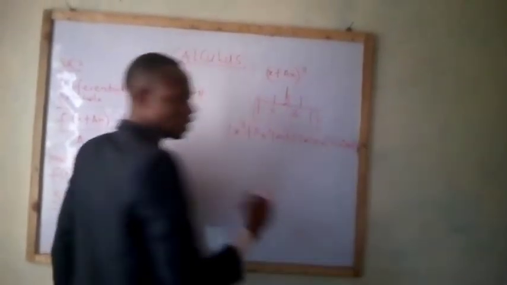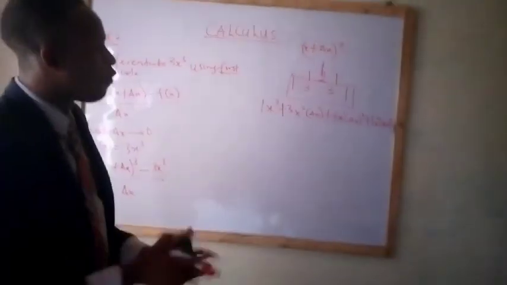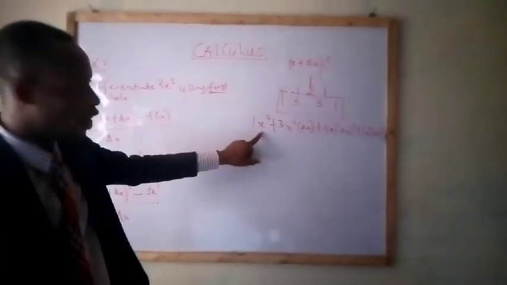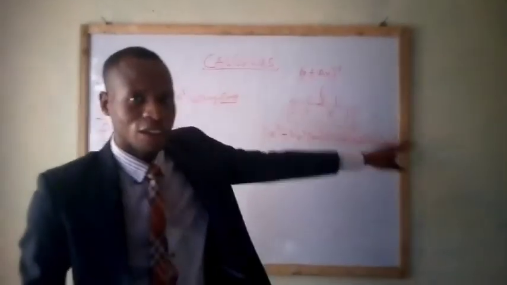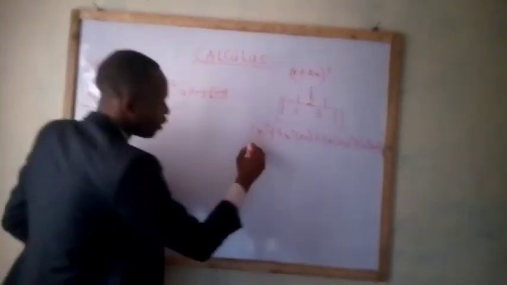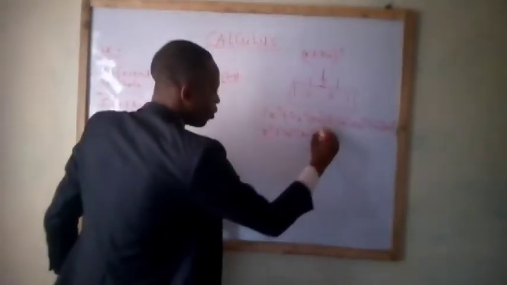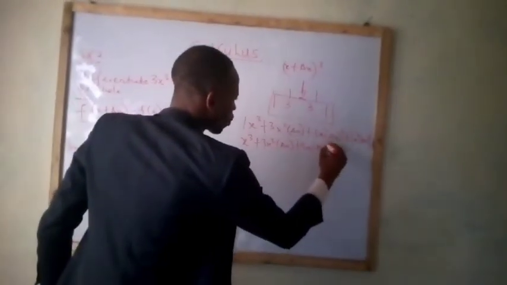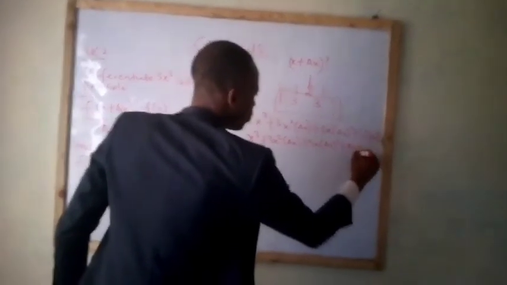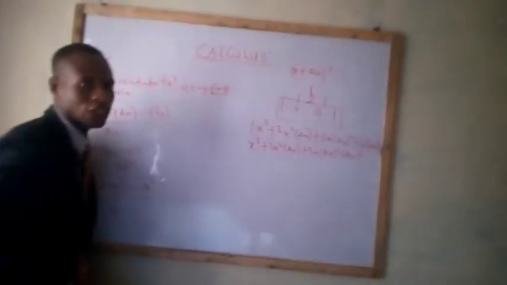So when you are expanding, you must take note of something. The power of the first value here must be equal to the power of the last value here. So if I finalize this now, I'm going to have x cubed plus 3x squared delta x plus 3x delta x squared plus delta x cubed. Because anything raised to power 0 is actually 1.